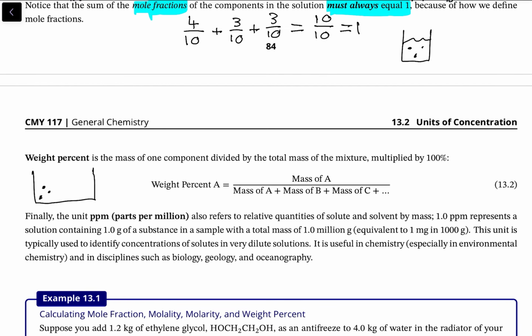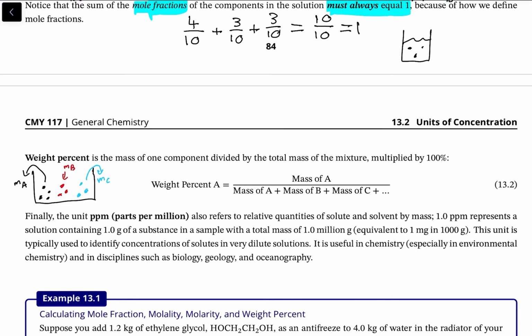Let's say, for example, you again have 4 of A, 3 of B, and 3 of C, and you know the mass of A, the mass of component B, and the mass of component C, because you've made up a mixture of those 3 components.